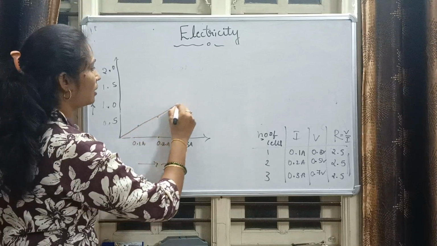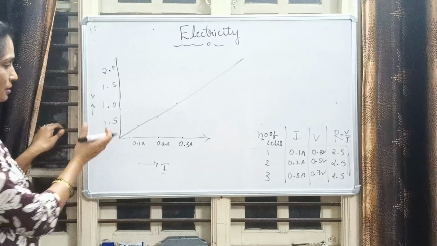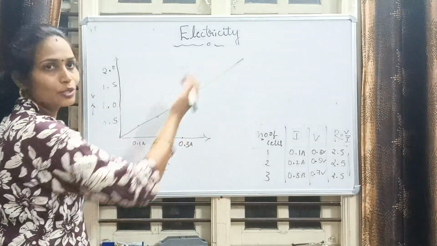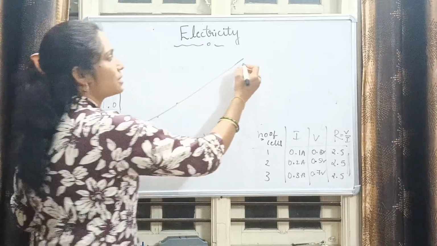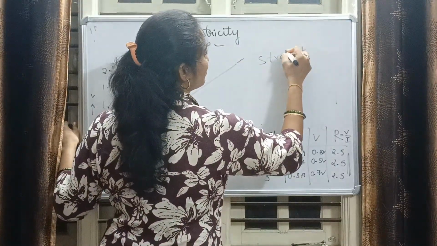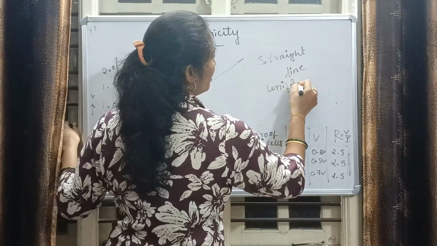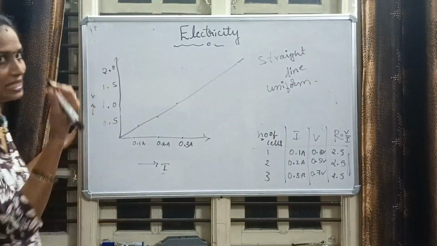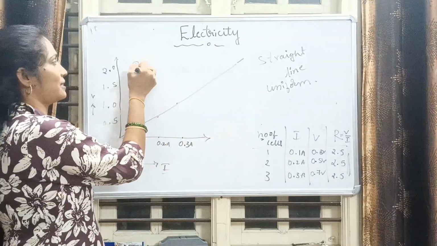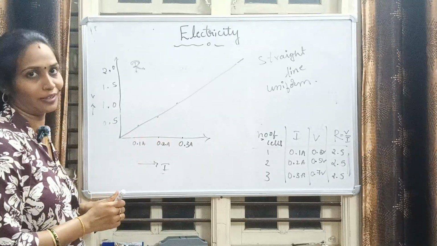Whatever the graph given for the values of V and I, it is uniform. It is a straight line, correct? So it means uniform. By this graph, we can easily calculate the resistance of a circuit, correct?